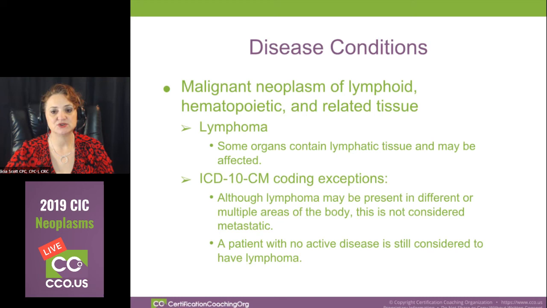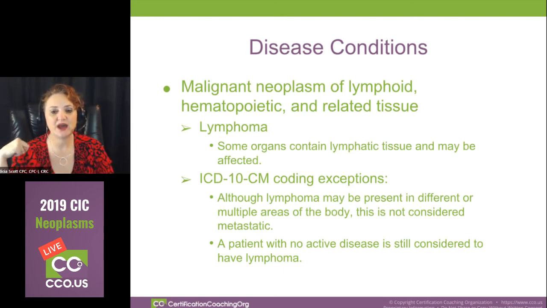Lymphoma is going to be in any organs that contain lymphatic tissue. And that's pertinent too, as you learn the anatomy of the body, because there are some exceptions in ICD with the guidelines. The reason is that the lymphatic system goes through the whole body, just like the bones go throughout the whole body.